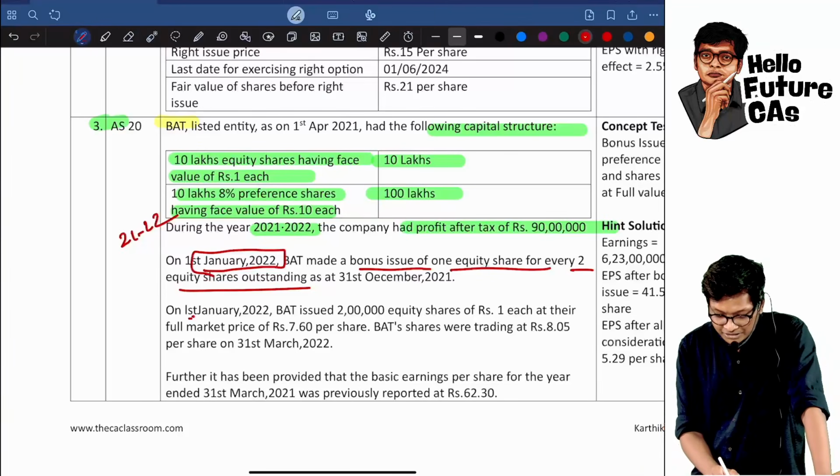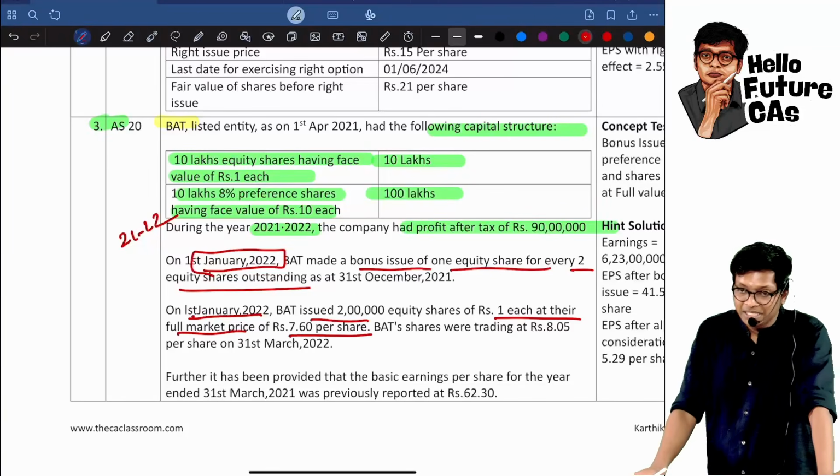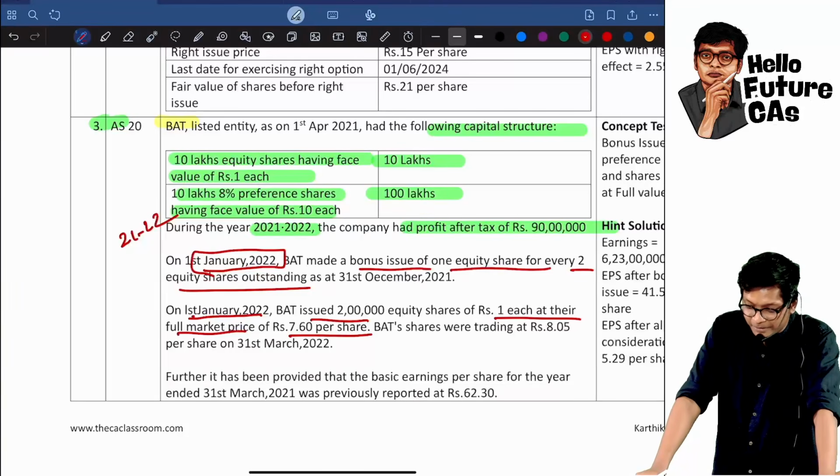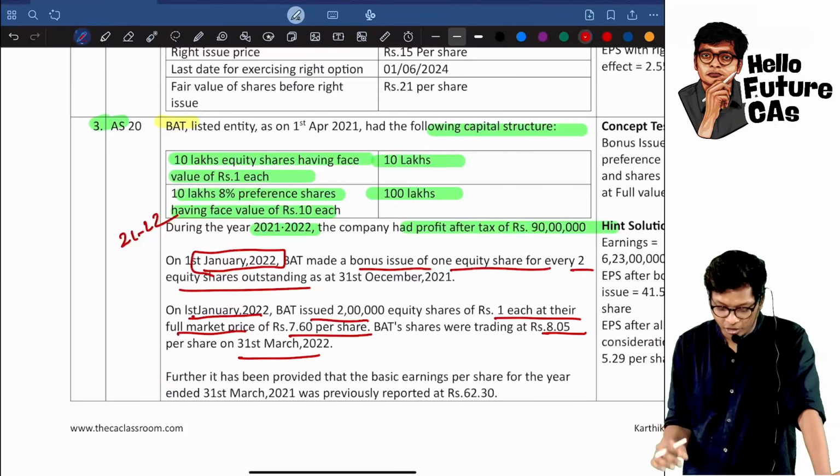Again on 1st Jan 2022, BAT issued equity shares of 1 each at their full market price of 7.6 per share. BAT shares were trading at rupees 8.05 on 31st March, end of the year.